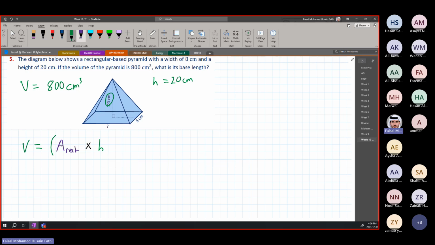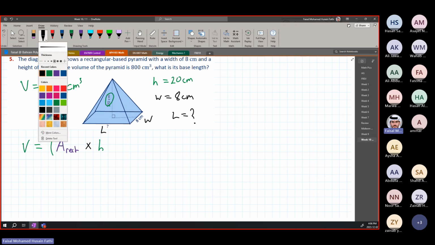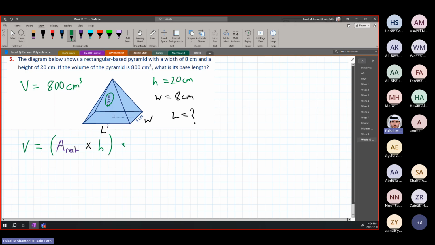And then let's name this the length, and let's name this W. So W is equal to 8 centimeters, and the length we need to find. Okay? So area of a rectangle times H, of course, because this is a pyramid, we have to multiply by 1/3. Volume is equal to, before doing that, what is the area of a rectangle?